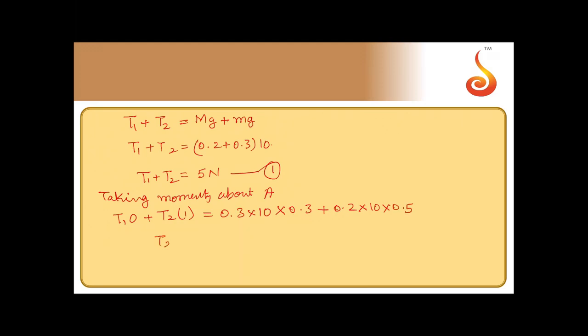So T2 is equal to, this will become 3 into 0.3 is 0.9 plus 2 into 0.5 is 1. So T2 is equal to 1.9 Newton.